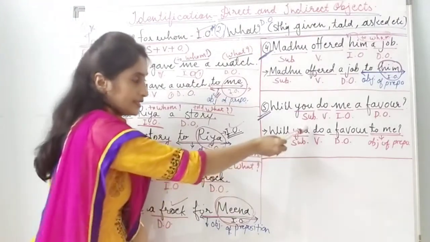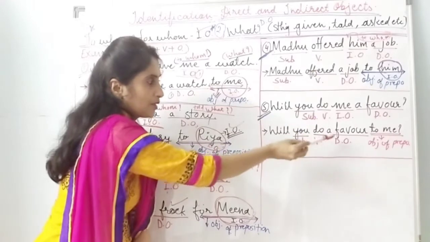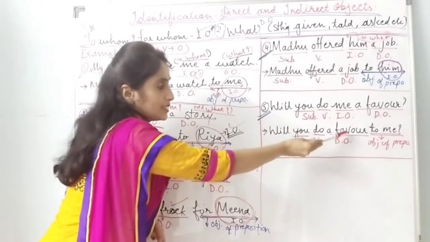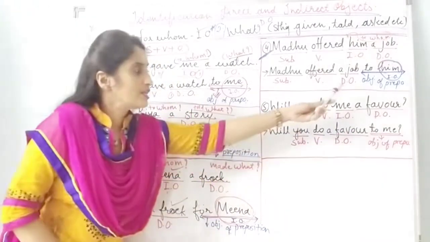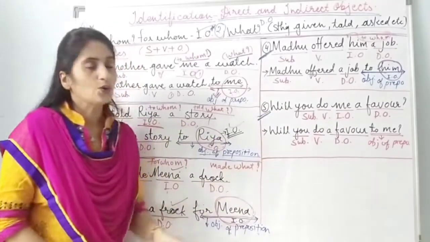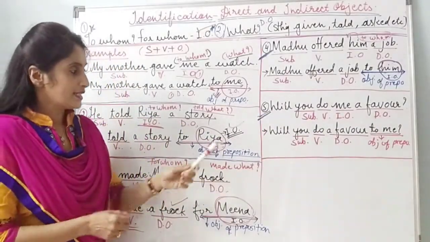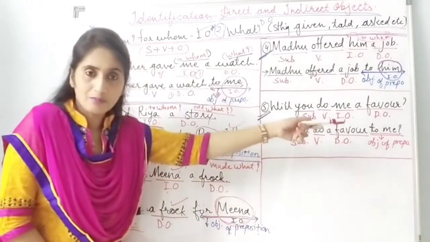In the same way, the direct object has occurred just after the verb, and after that we have to use the indirect object, so we take the help of the preposition "to", and the sentence becomes, Will you do a favor to me?